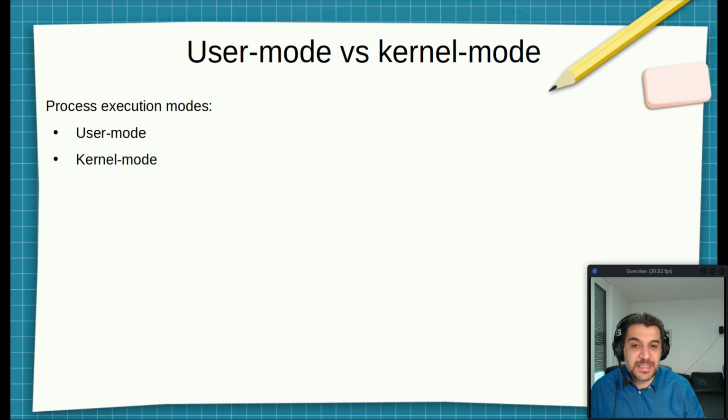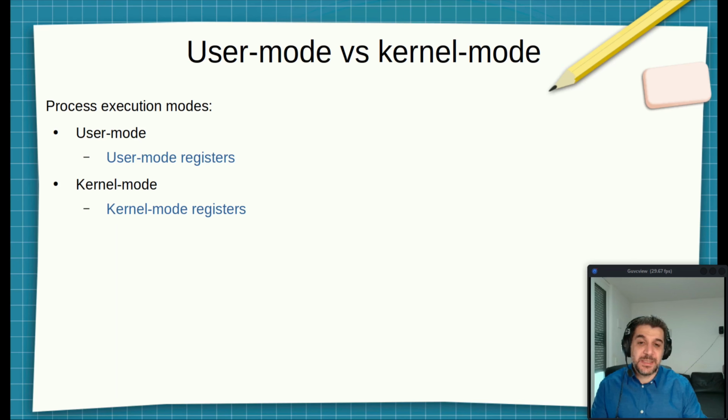In both scenarios, the CPU maintains different registers, either for the user mode, whatever the program needs to use, or for the kernel mode, for an interrupt or a system call or whatever.